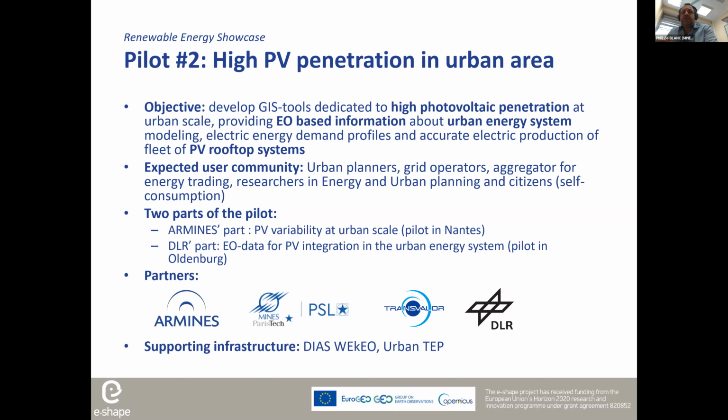The expected user community are urban planners, grid operators in the city, aggregators for energy trading, and of course citizens for self-consumption, and researchers in energy and urban planning.